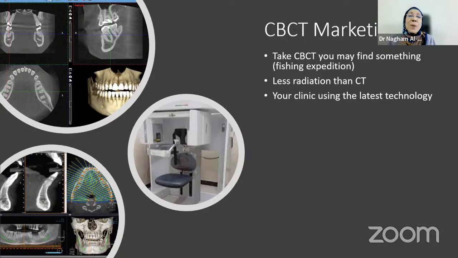So if the diagnosis you're looking for can be achieved with 2D imaging, there is no reason to expose the patient to higher doses. Yes, it is less than medical CT, which was the only message given, but it's much higher than the two dimensions.